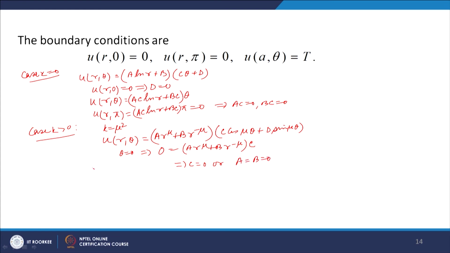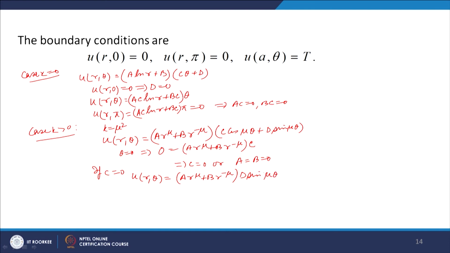If c is equal to 0, then what will happen? We will have u(r, theta) equal to (a r to the power mu plus b r to the power minus mu) into d sin mu theta.